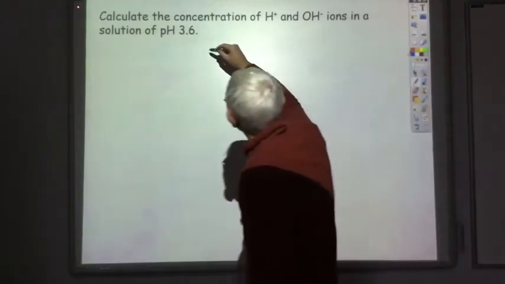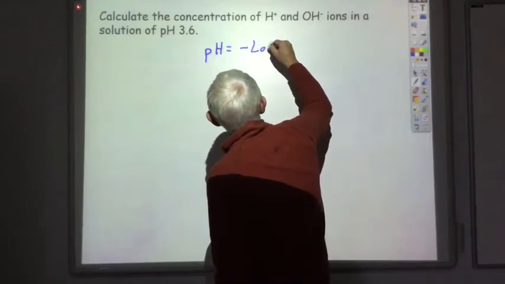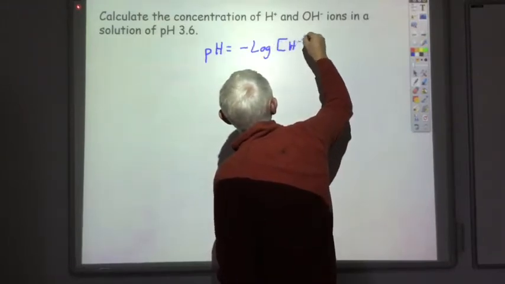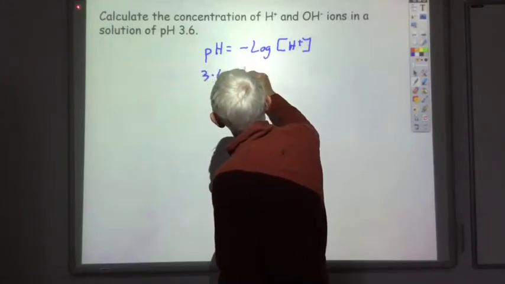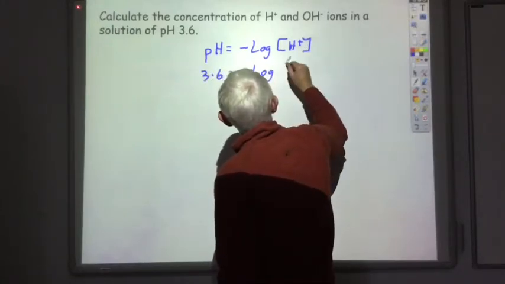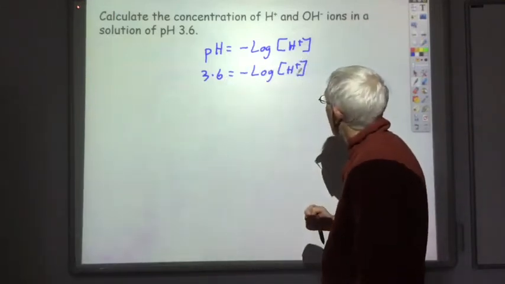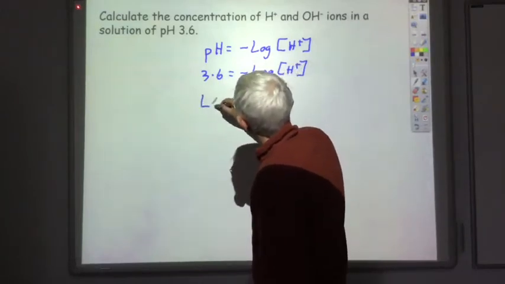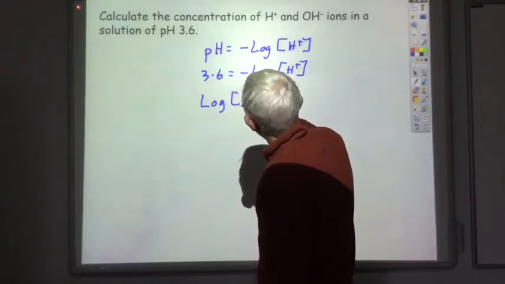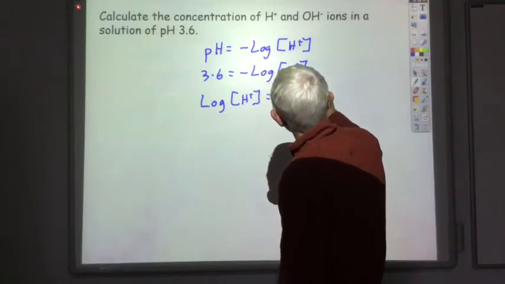So we're going to use our relationship pH equals negative log H plus. So 3.6 equals negative log H plus. Okay, so swap them over and say the log of H plus equals negative 3.6.